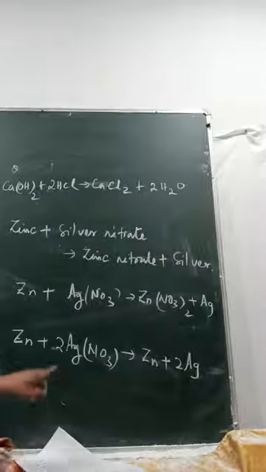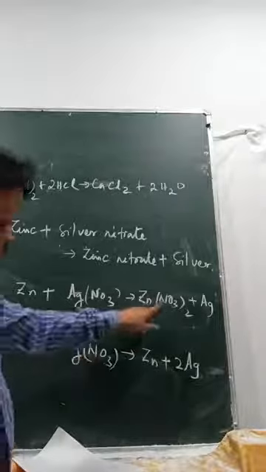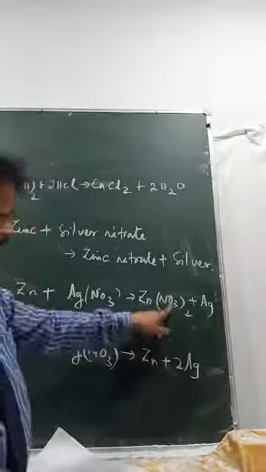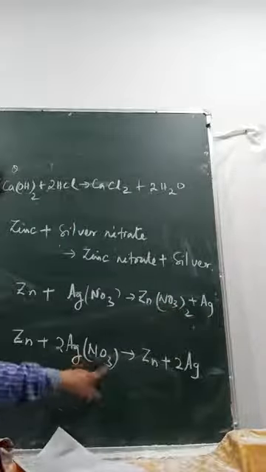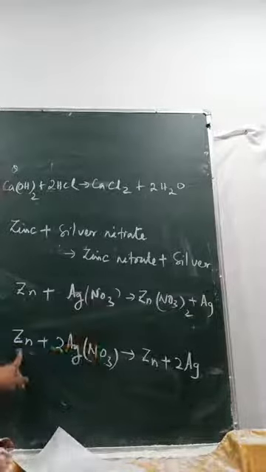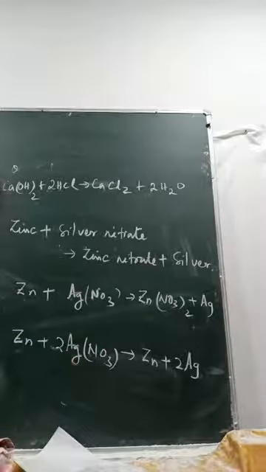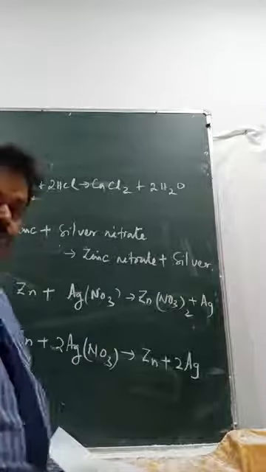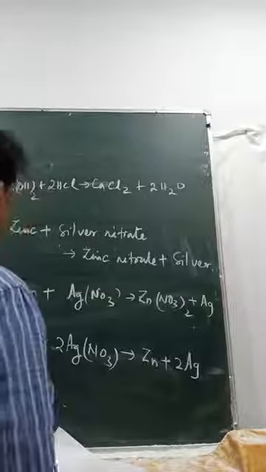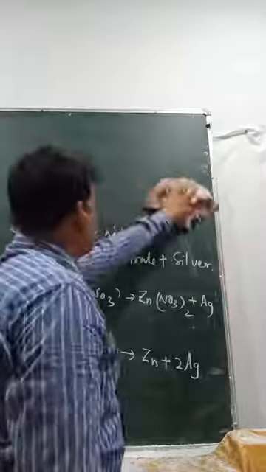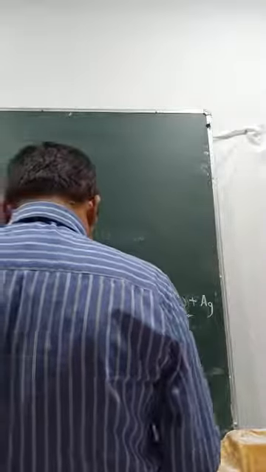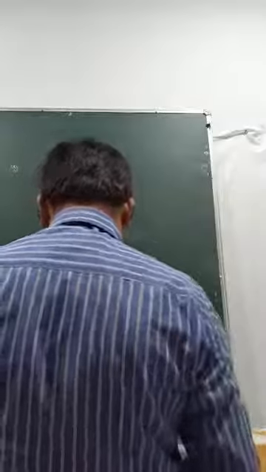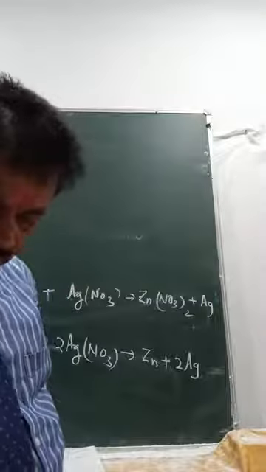Now you check: 2 nitrogen, 2 nitrogen, 6 oxygen, 2 times 3 are 6 oxygen. So now it is a balanced equation. Let's take some more questions on this.